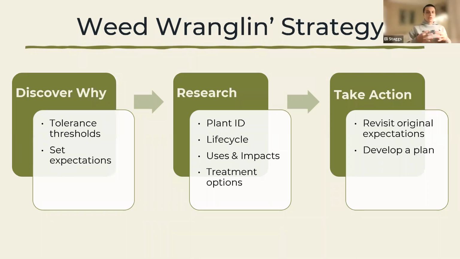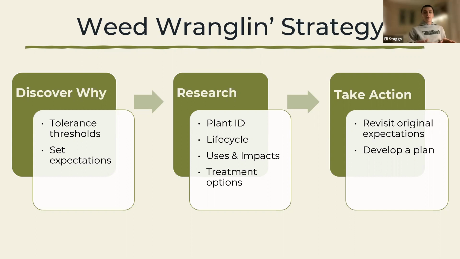With weed wrangling, the strategy, there are different approaches to weed control, and those different approaches are needed based on the plant that you're trying to control and the site conditions that you have. Our idea of weed wrangling is broken into 3 phases with questions that we would ask ourselves along the way to guide our strategy.